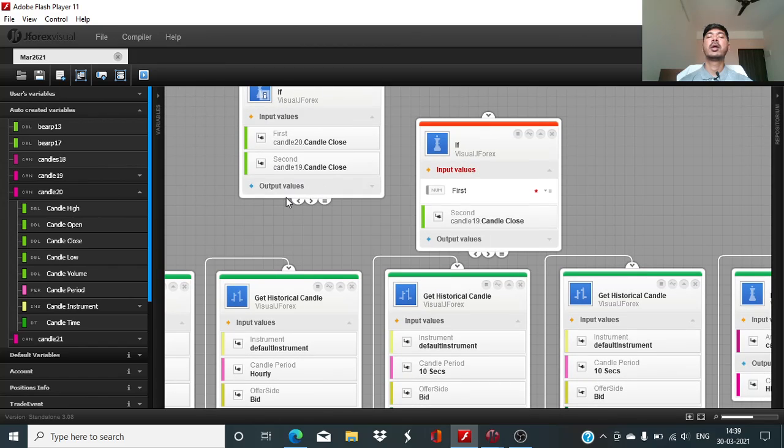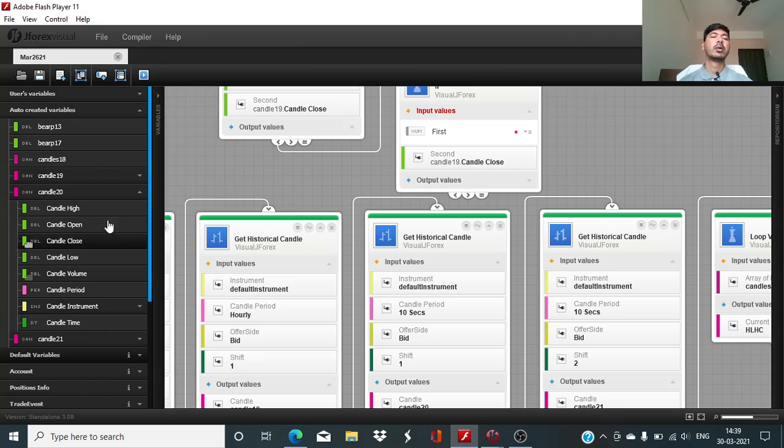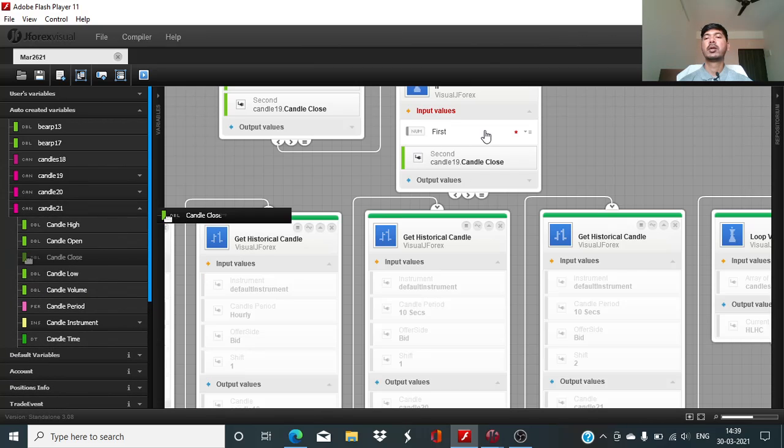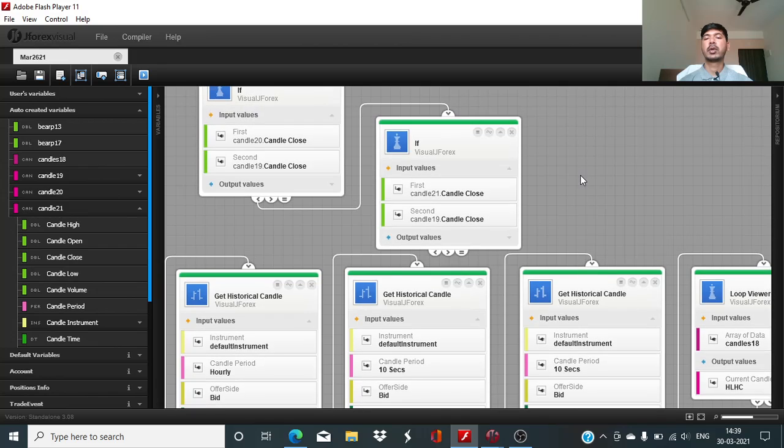First input less than second input, and this one first input greater than second input.